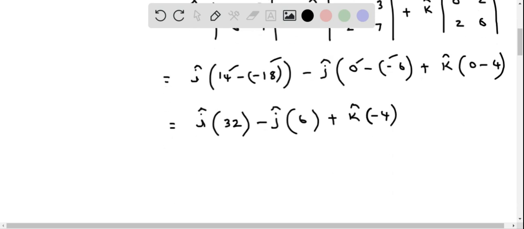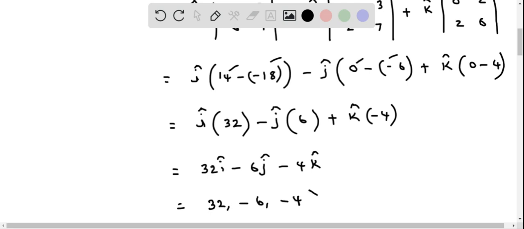So this equals 32i minus 6j minus 4k. This can be written in component form as 32, minus 6, and minus 4. And so this is the cross product of the two vectors, v cross w.